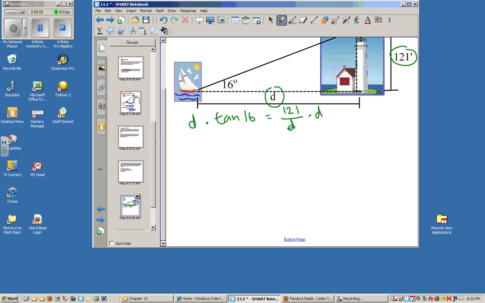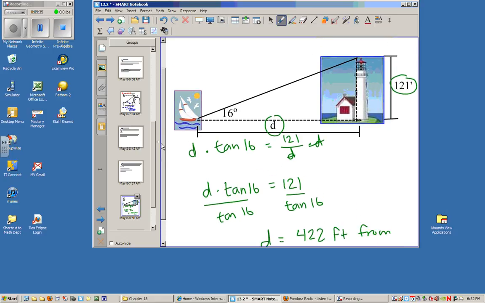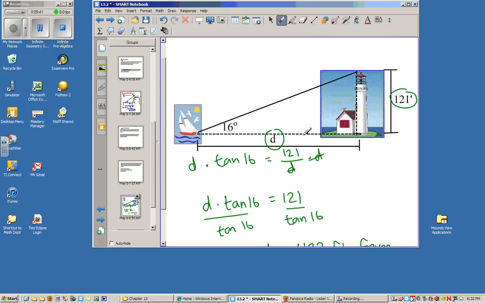These d's are going to cancel, and we're left with d times the tangent of 16 equals 121. If we divide both sides by the tangent of 16, we end up getting that d is approximately 422 feet from shore. So again, using that angle of elevation to figure out this missing distance.